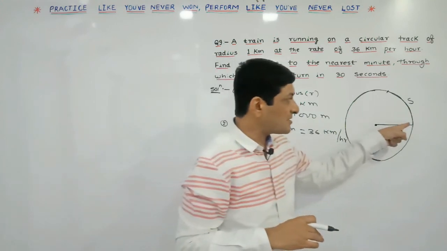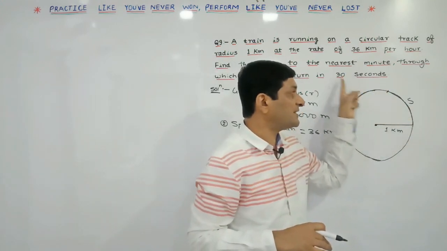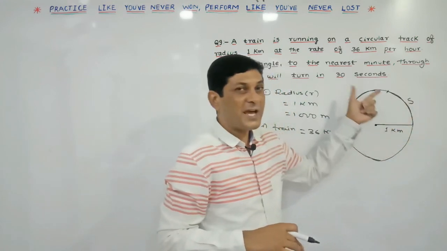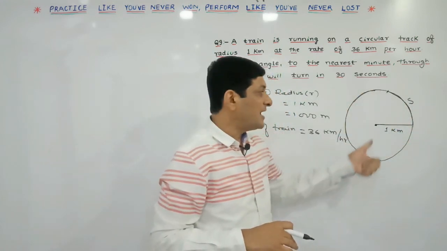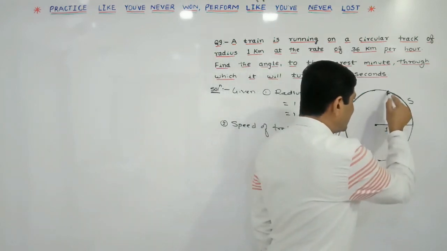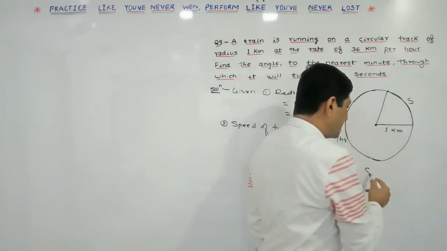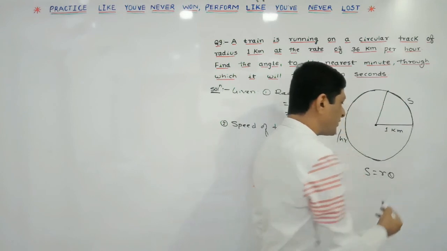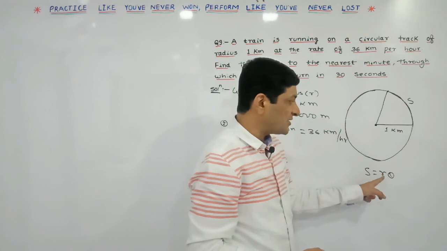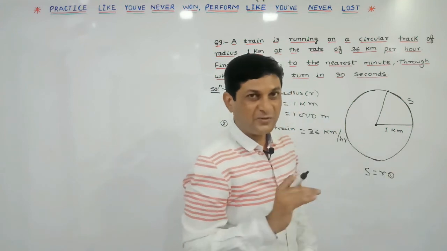That's why the distance traveled by this train in 30 seconds will be nothing but the length of arc. If we are able to find out the length of arc and the radius is already given to us, then to find out the angle at the center, we are able to make use of this formula, S is equal to r theta.